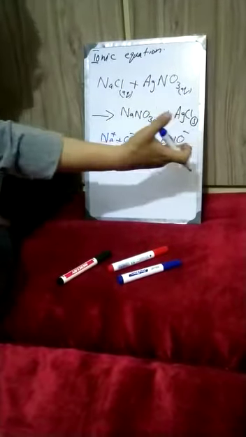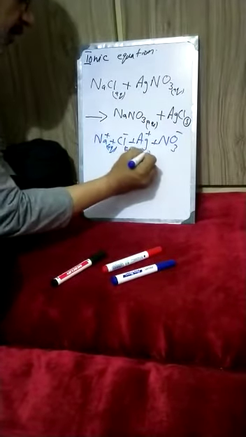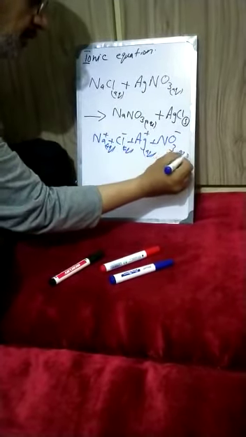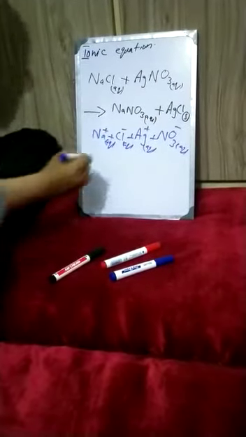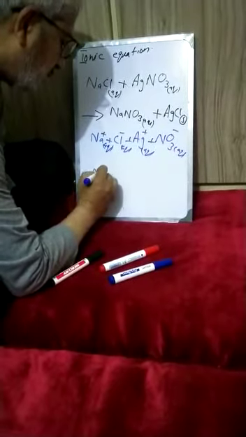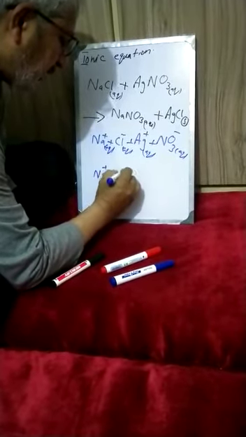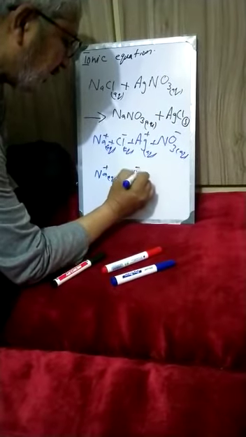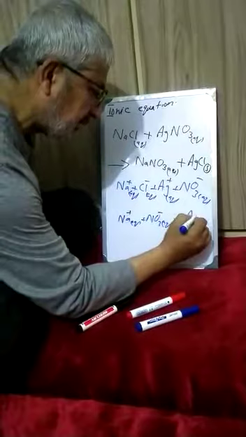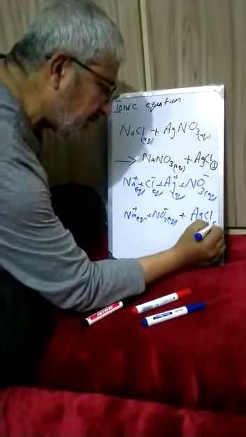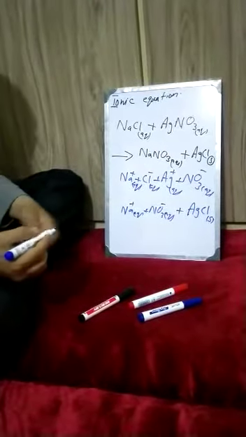And all of these are in aqueous form, so we will write aq here. And the products are sodium ions in aqueous form plus nitrate ions in aqueous form plus silver chloride, which is insoluble in water, in solid form.